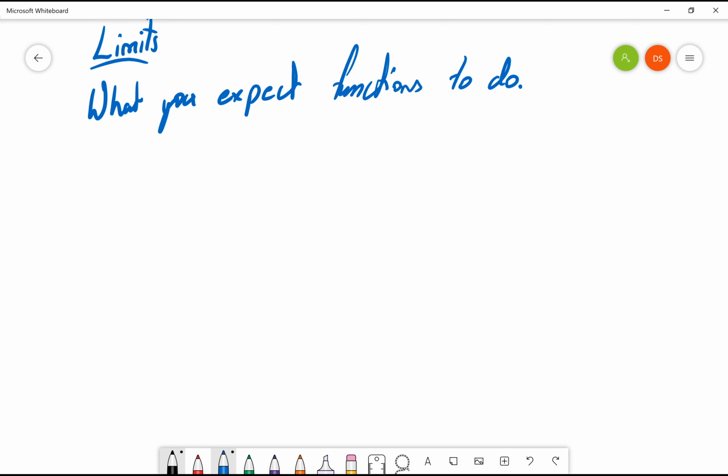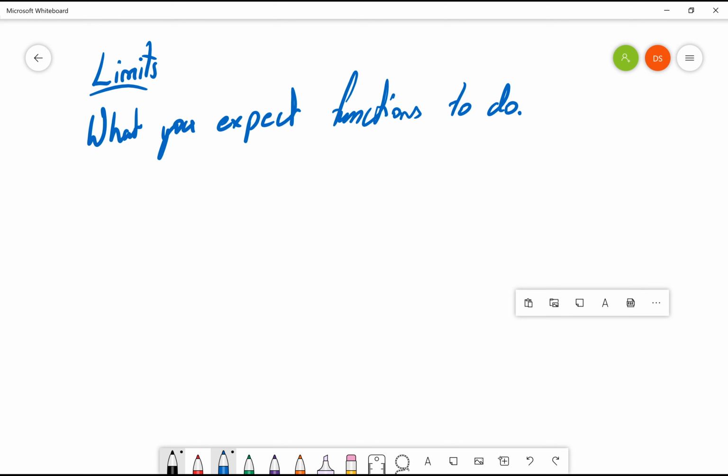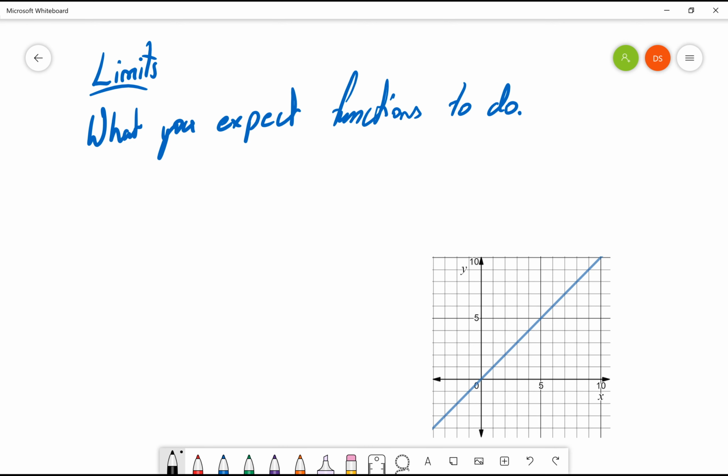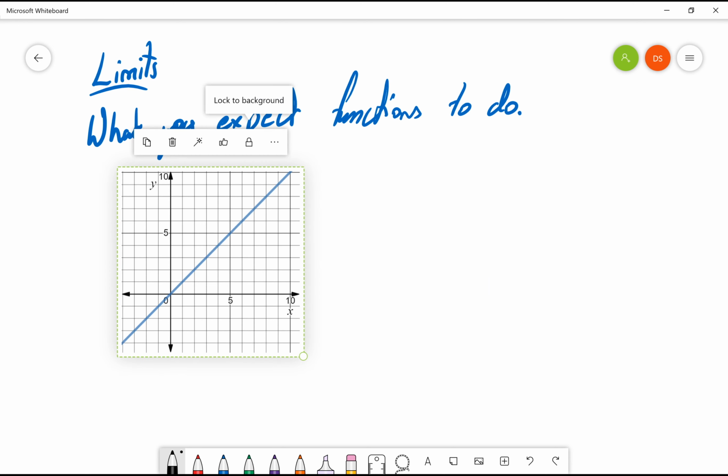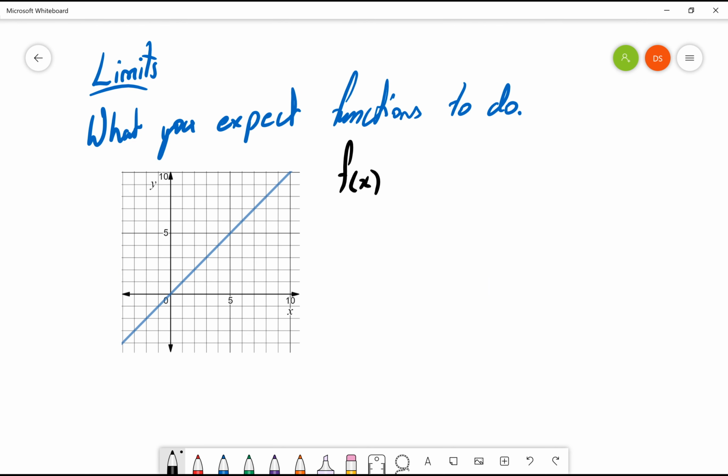Okay, so let's have a look at a few examples. I'm going to pull up a function and insert an image of a nice graph. This function is one of my favorite functions ever. f of x equals x.